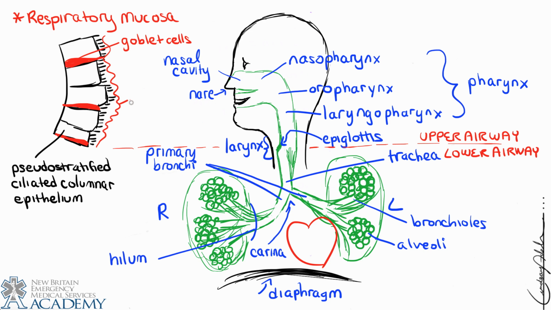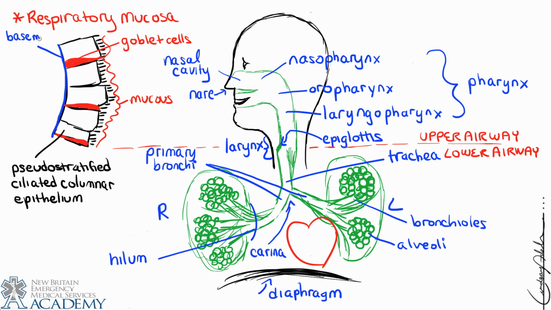There are also some goblet cells, in between the epithelial cells, and they produce mucus on the apical surface of the epithelial cell. The apical surface is also where the cilia are located, because the cilia sweep that mucus.